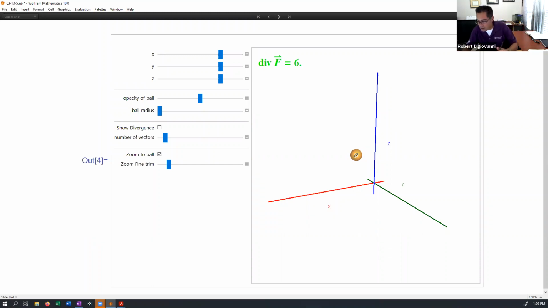So if I look at every single little point on this sphere, there is some vector, from the vector field itself. What if I could somehow measure how many of those vectors are pointing away from the sphere versus pointing into the sphere?